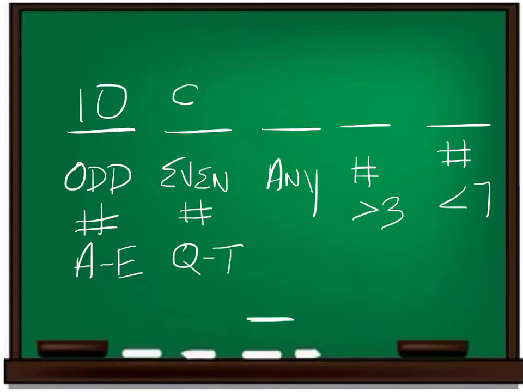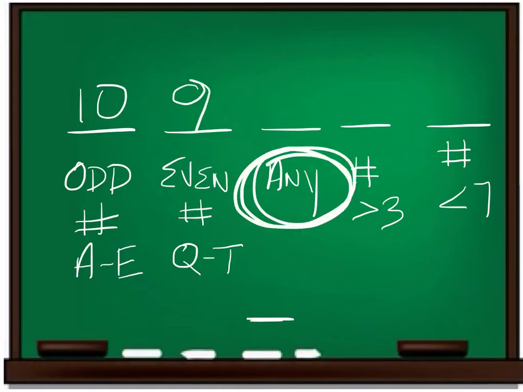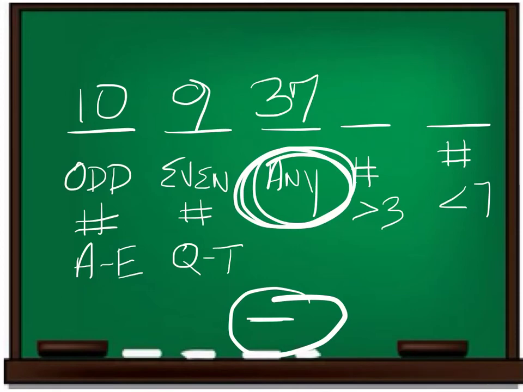So you have 9 possibilities. Any. This is what I wanted you to think about and not phone a friend or text them across the room or whisper it. It could be anything. It could be any number, any letter, or the dash. So you have 37 for this one.